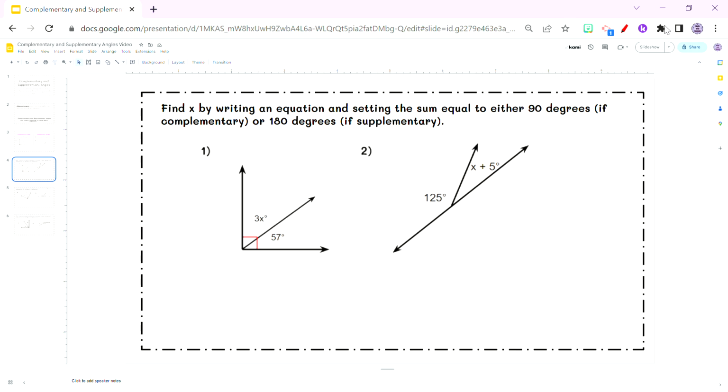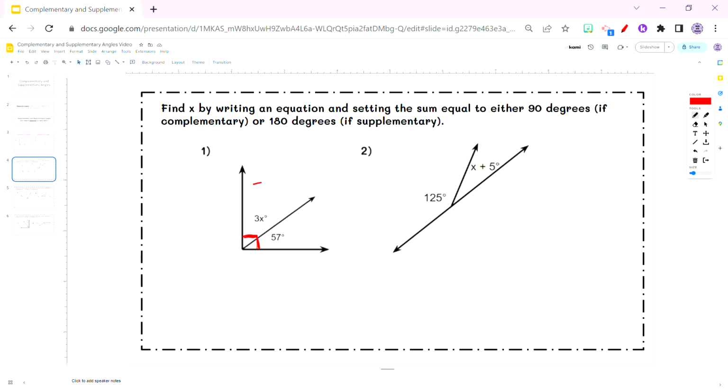Find x by writing an equation and setting the sum equal to either 90 degrees if complementary or 180 degrees if supplementary. All right, so we know because of this little box here, the corner, right, the little corner, the little box, we know that because of that, these angles are complementary angles.